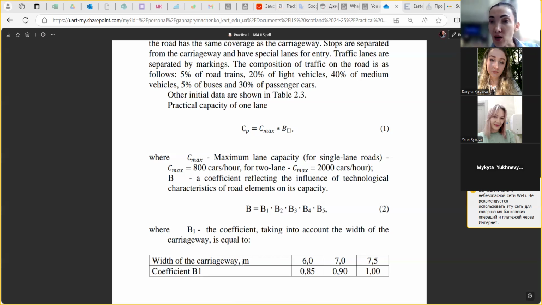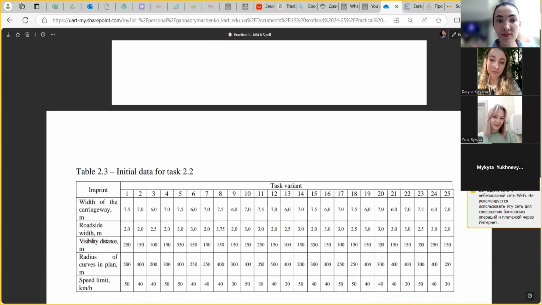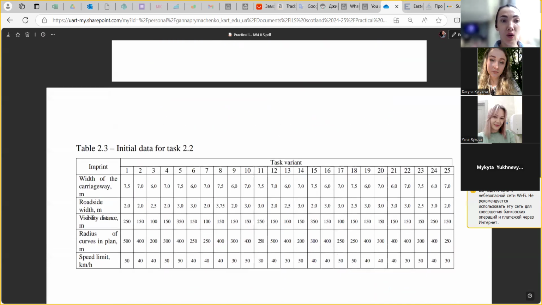Okay, now I can open our table and we find this information. It is the first line in our table. Excuse me, it is the engineering part of the documents. Okay, it is our table 2.3. And the first line of this table is the width of the carriageway in meters.